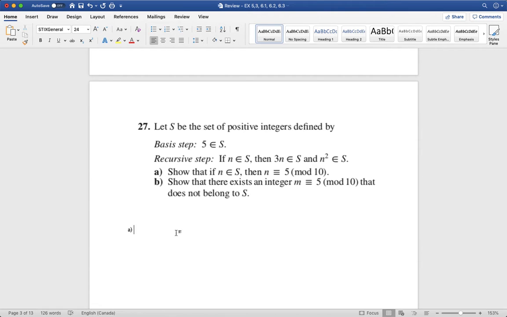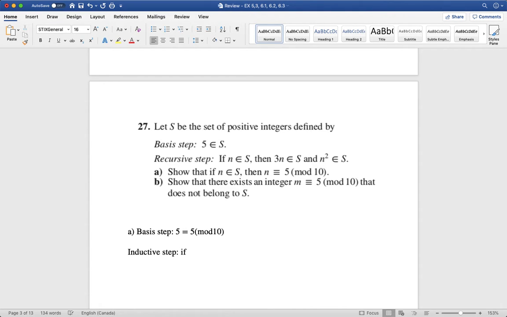All right. So we have the basis step. We know that 5 is logically equivalent to 5 mod 10. Inductive step.